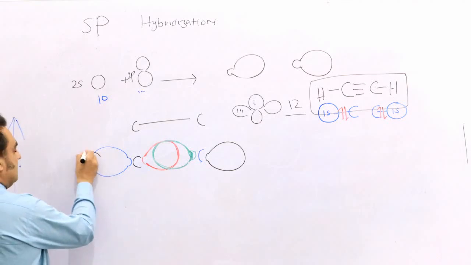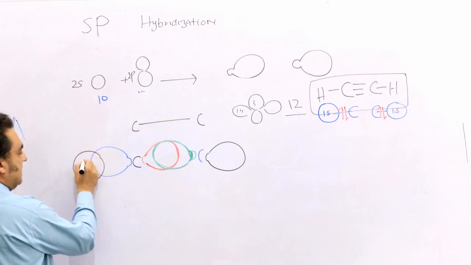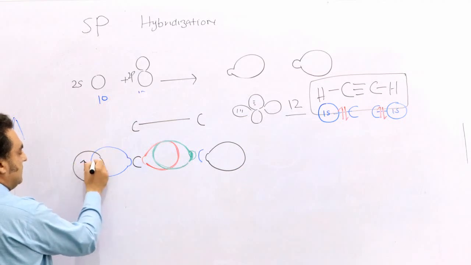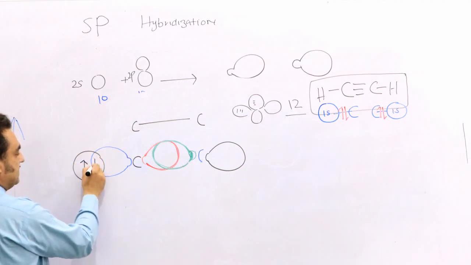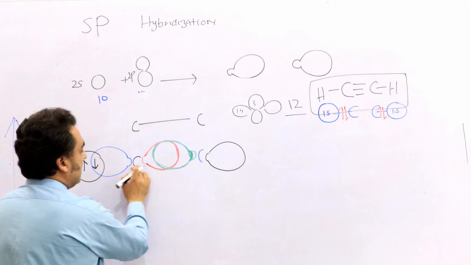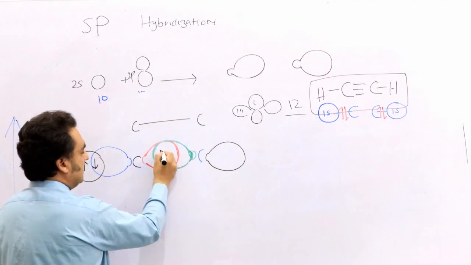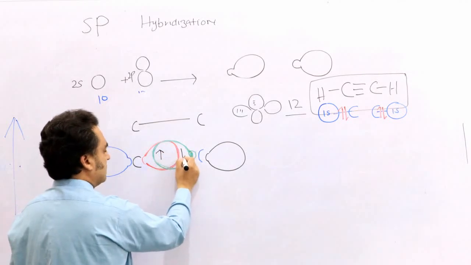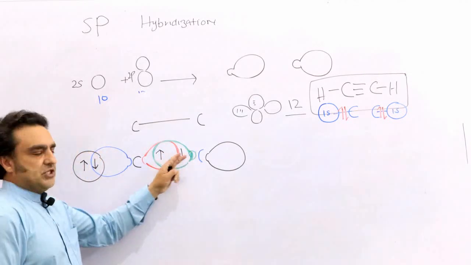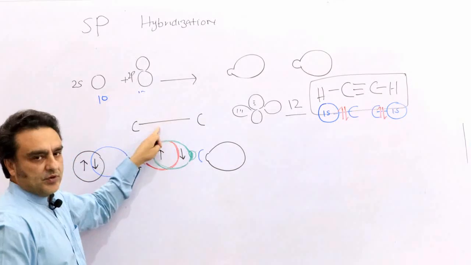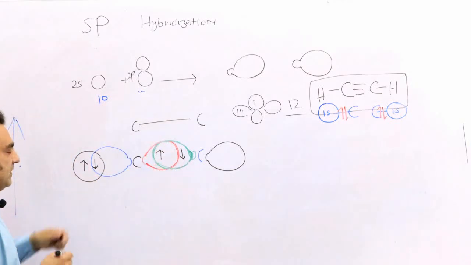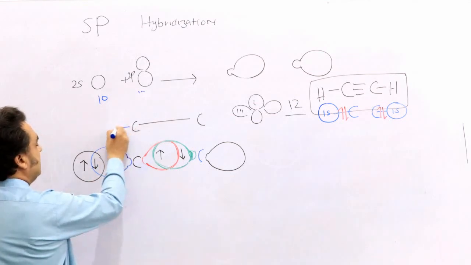Okay, hydrogen 1s orbital. As you know, hydrogen has one electron present in it, so it shares. Here again this red one has one electron present in it and the blue one has again one electron present in it, so it is shared and a bond is formed. This is a bond. Okay, and what we have added is another bond to it.